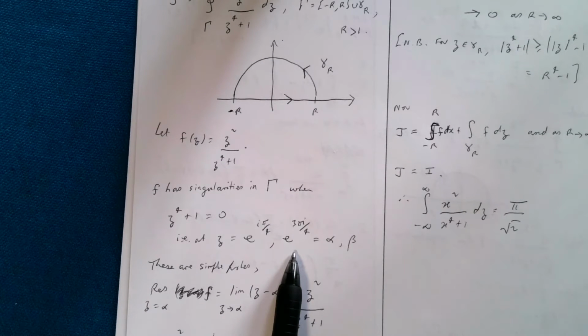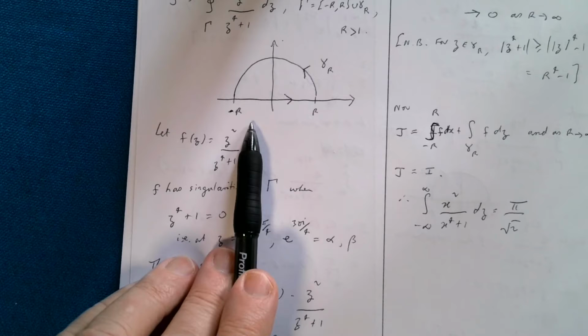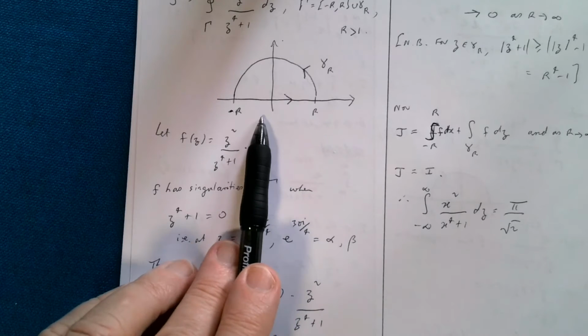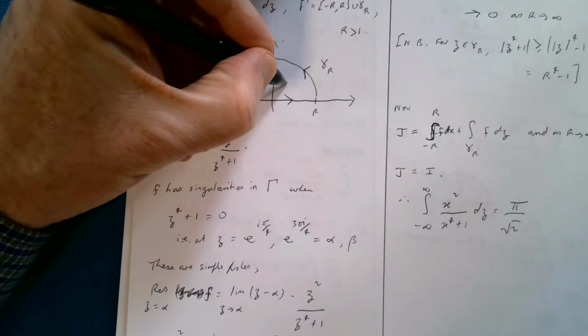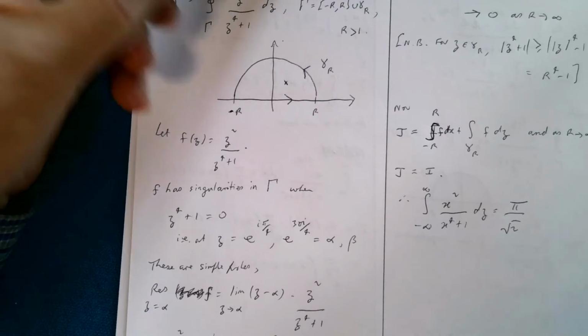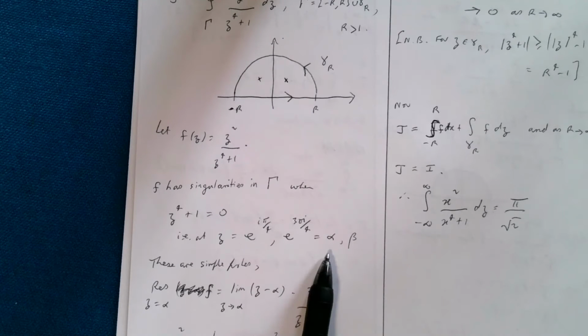Now these are the ones in gamma. We're only interested in singularities inside the contour. So of course there are two more singularities down here, but we don't care about those. The ones inside the contour are at e to the i pi on 4, which is roughly there, and e to the 3 pi i on 4. And to save writing those, I'm just going to call them alpha and beta.